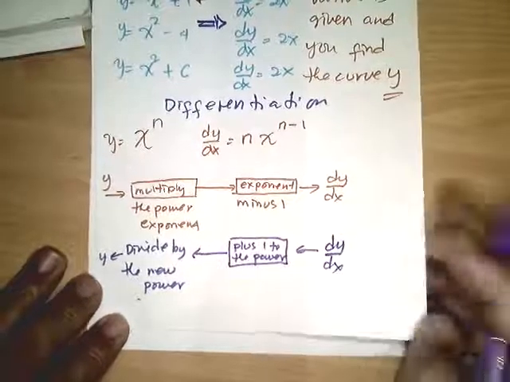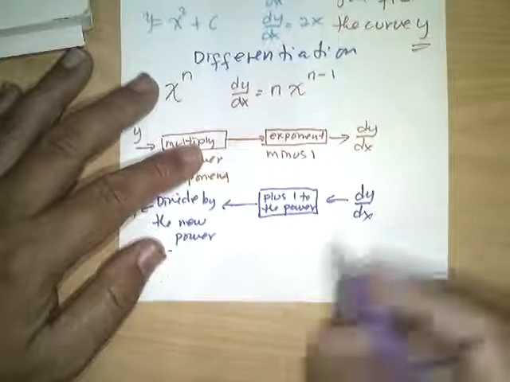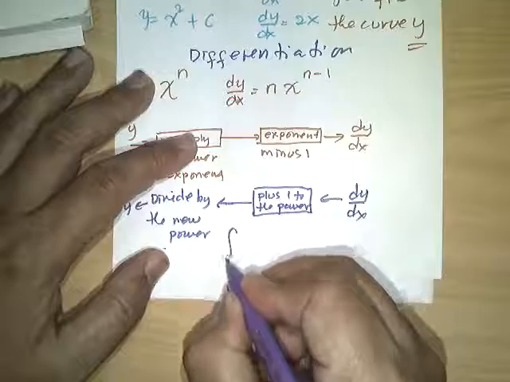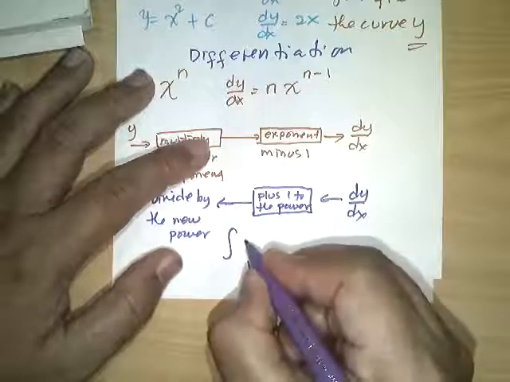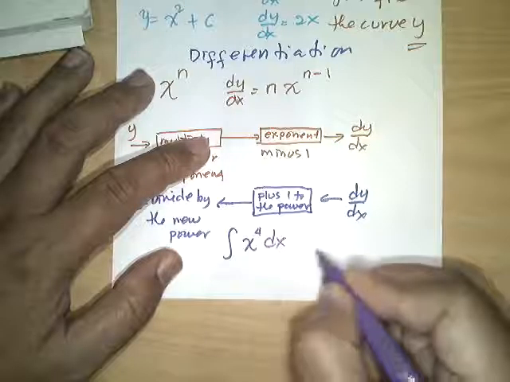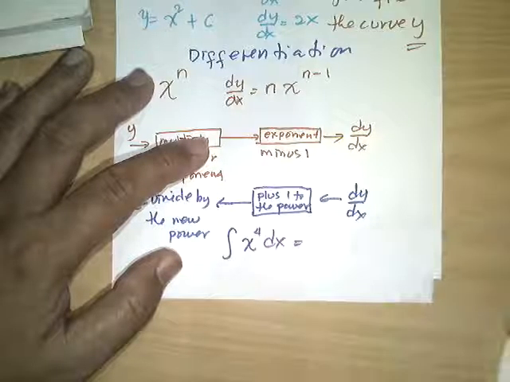Let's try to have an example. Let's say I have the integral of x to the 4th dx. So what is it equal to?